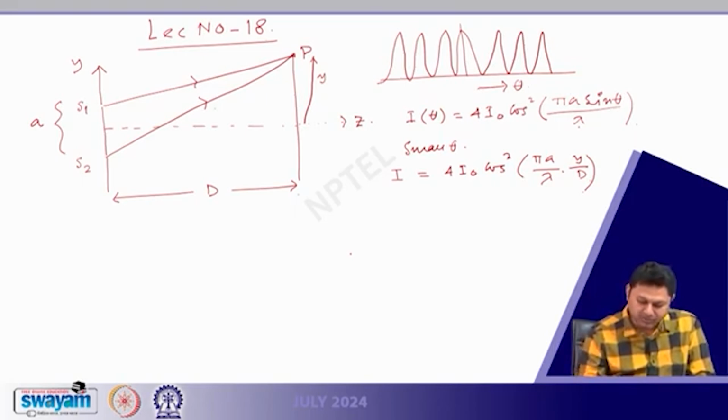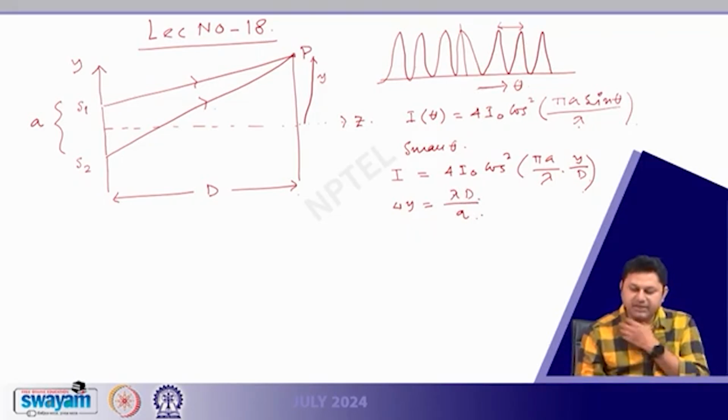Then we find the fringe width, that is the separation between these two fringes, delta y, which was lambda multiplied by D divided by a.